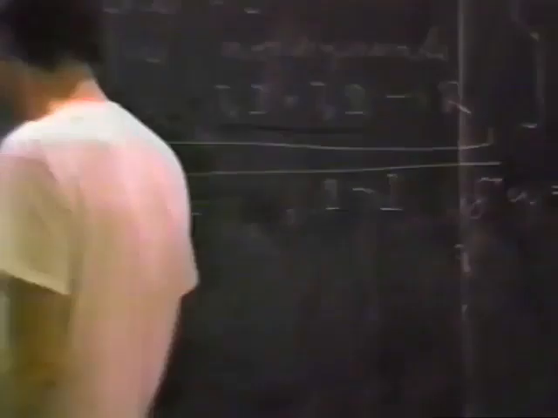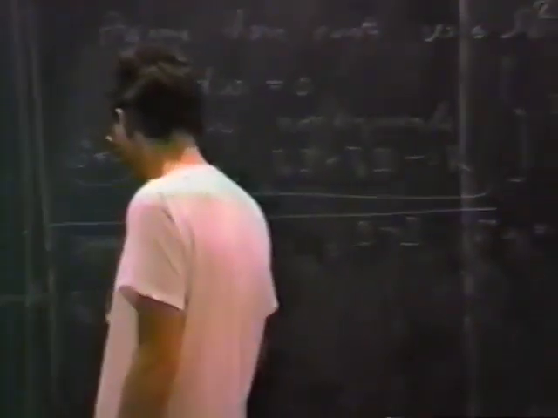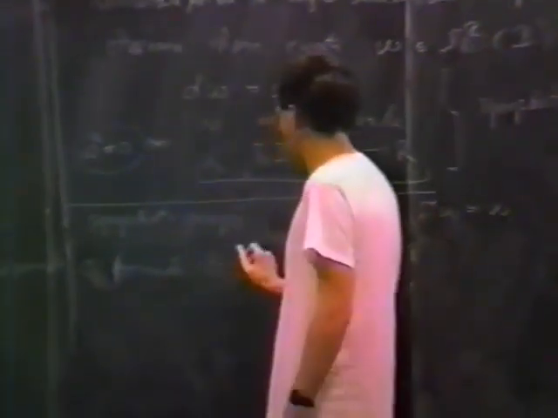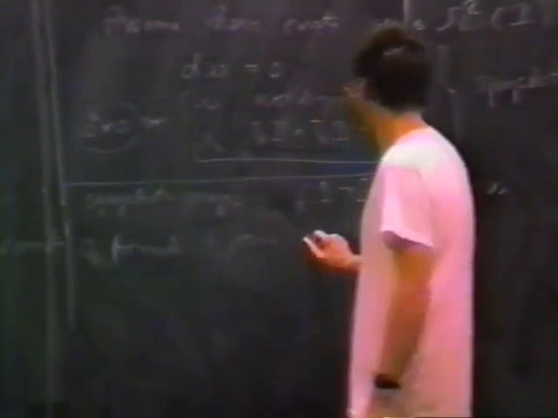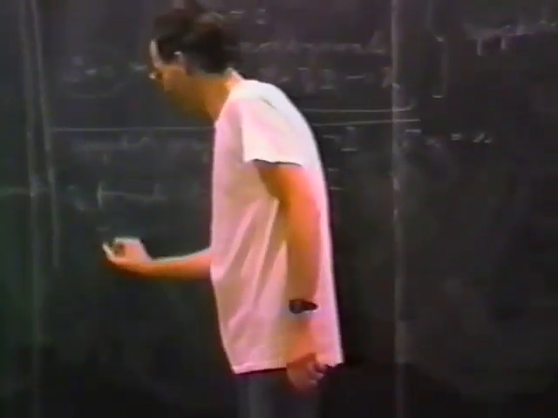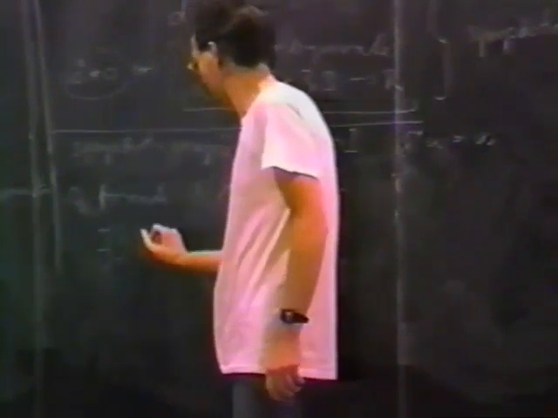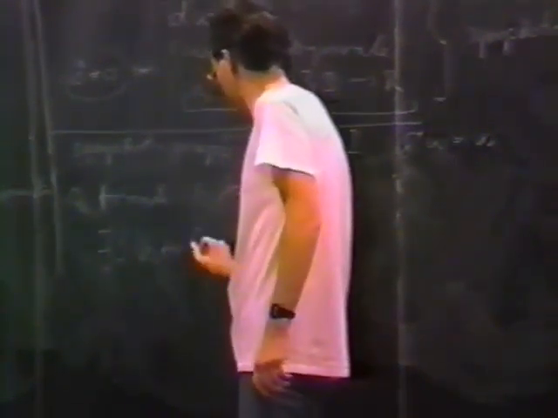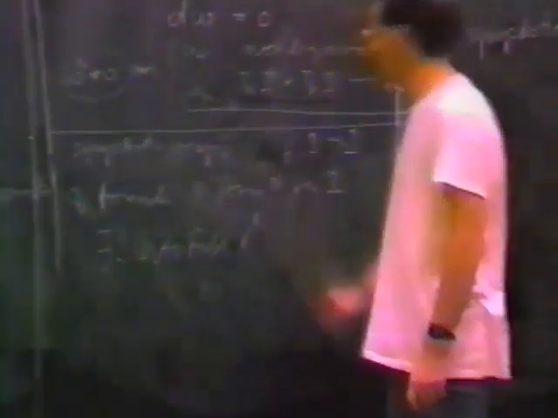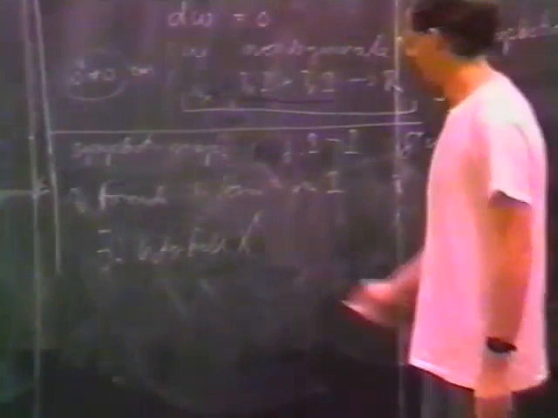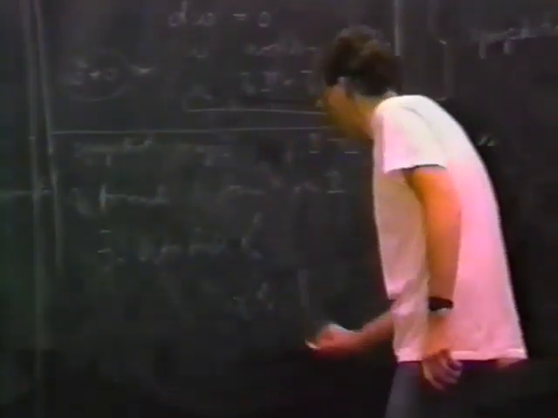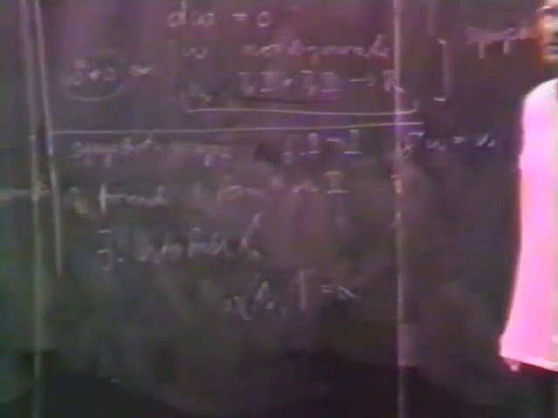It implies that for each one form alpha on P, there exists exactly one vector field X alpha, so that omega of X alpha dot is this one form.